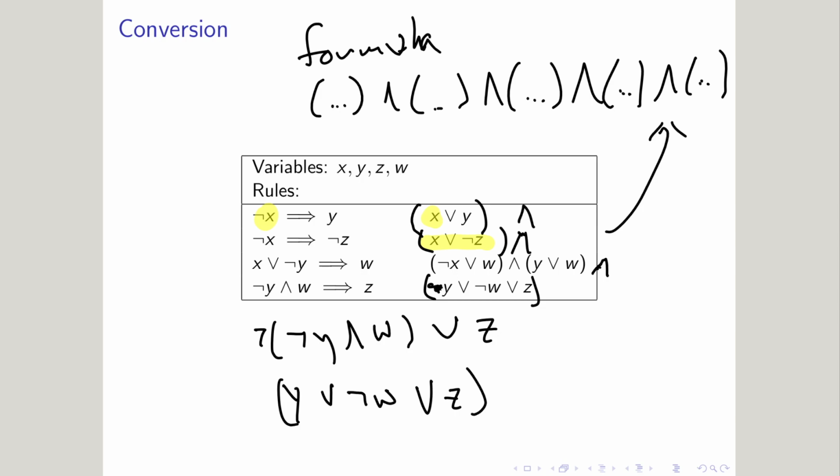It's pretty clear if you assign x or y to a particular value. Again, this should work from before. If I set x equal to false, y equal to true, z equal to false, and w equal to true, you'd find that this whole formula would be satisfied.